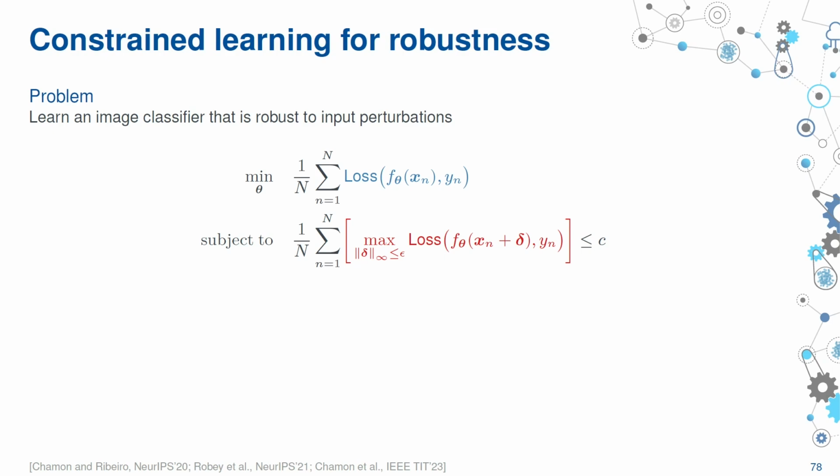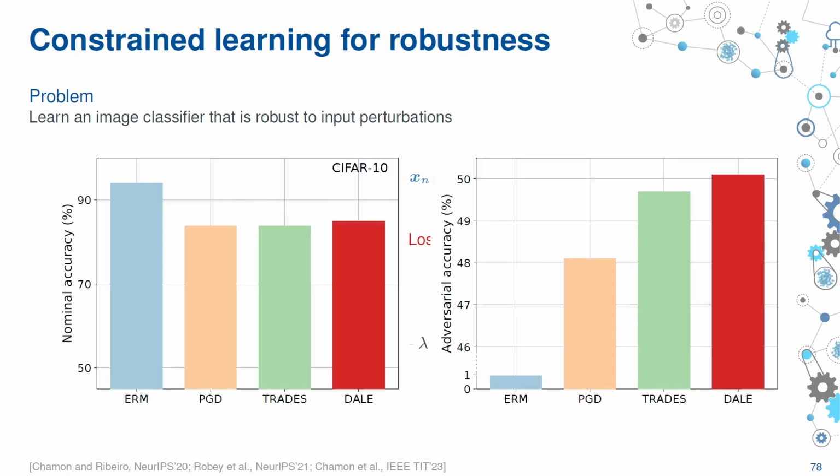The idea here is to use a value that is not dependent on the relative value of those two losses. It's exactly the measurement of our loss, so it's a problem-dependent rather than an instance-dependent value. And using this, for essentially the same nominal accuracy, we get a slight improvement in robustness.